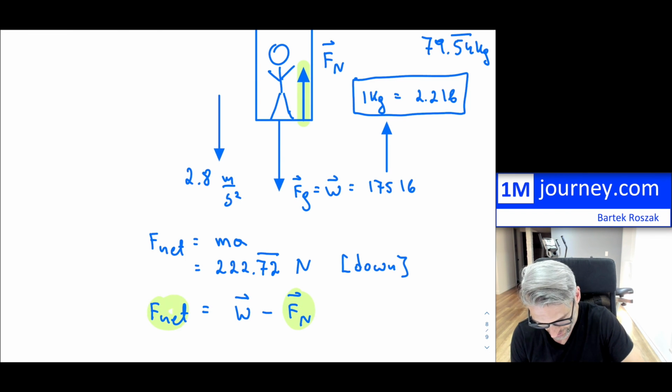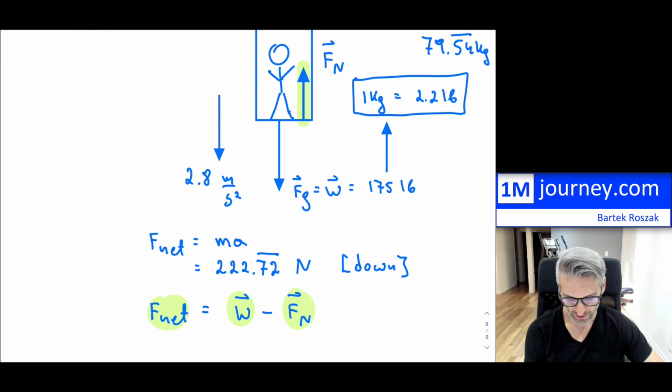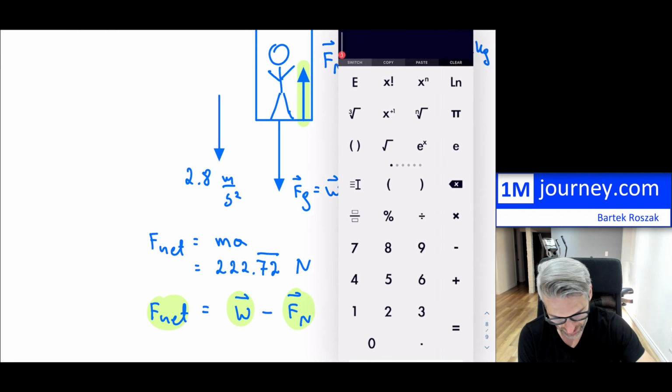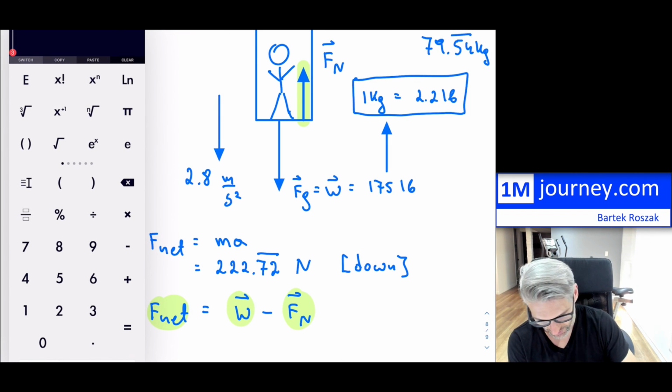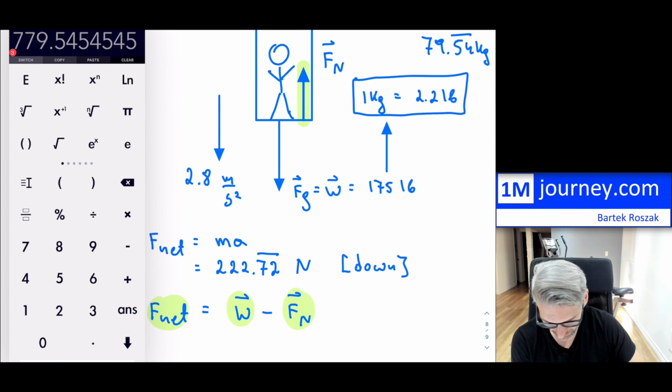We already know what this is, and we already know what this is as well. We know the weight right there. It's 175 pounds. Now, in newtons, we can certainly do that. Since I've already computed it, in terms of newtons, it's 79.545454, etc. times 9.8.